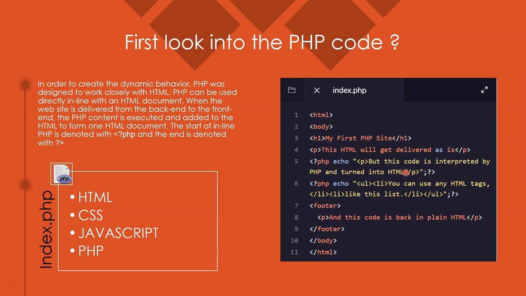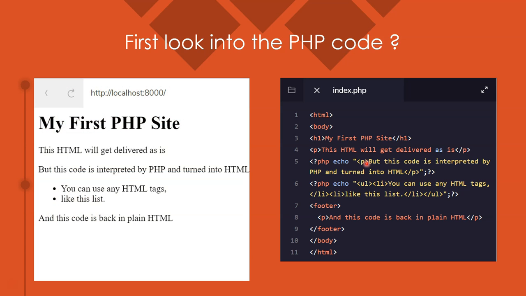So let's have a look at the output, what it shows up on my browser when I open up this index.php file. All these HTML are rendering this, and this particular line says, this code is interpreted by PHP and turned into HTML. So PHP can be used to create dynamic HTML. This can be dynamic content based on different business logic.